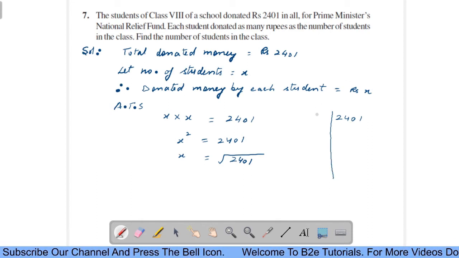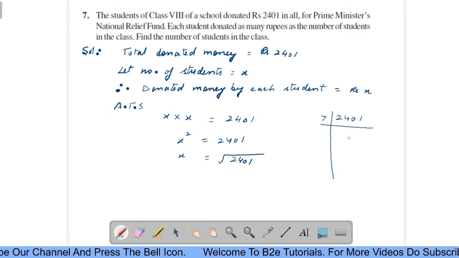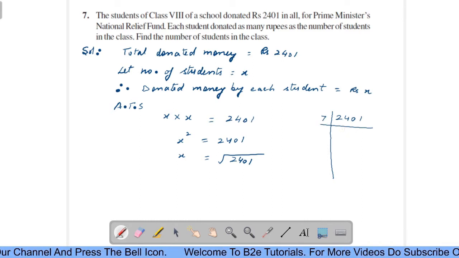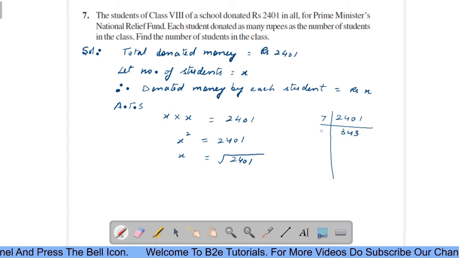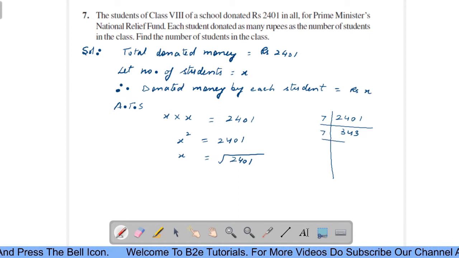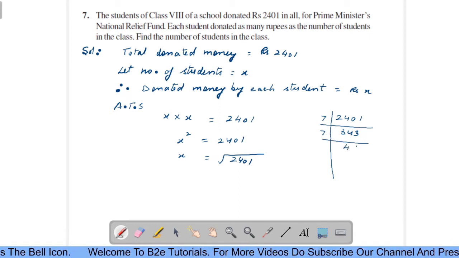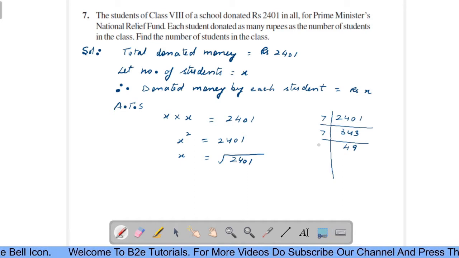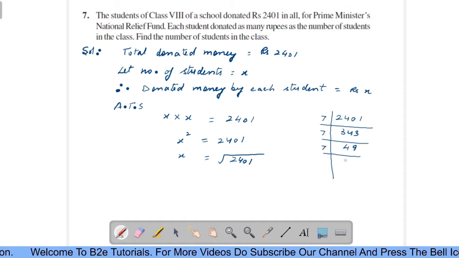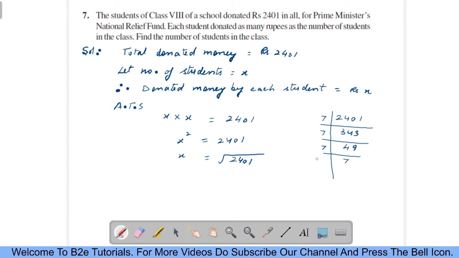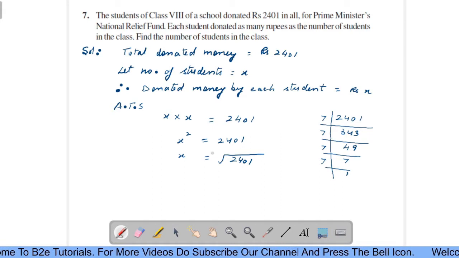2401 divided by 7, you will get 343, again by 7 you will get 49, again by 7 you will get 7, again by 7 you will get 1.